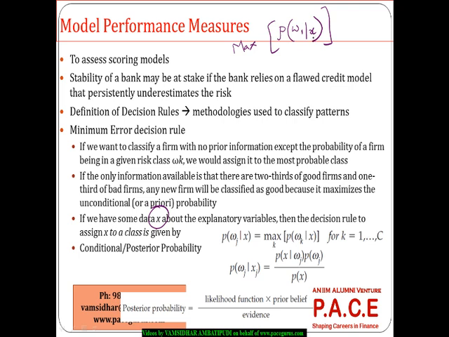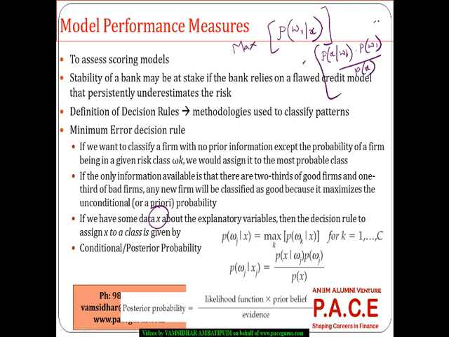And how do I find this out? I can use the Bayes criteria: the probability of x given w1 multiplied by the probability of w1, divided by the probability of x.